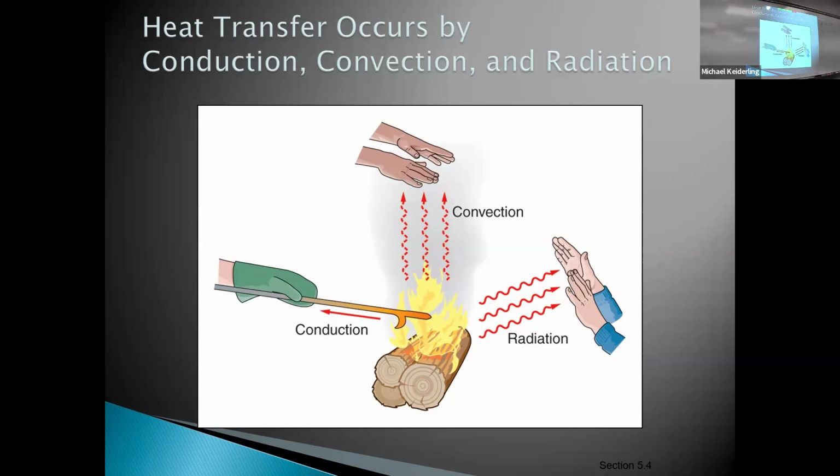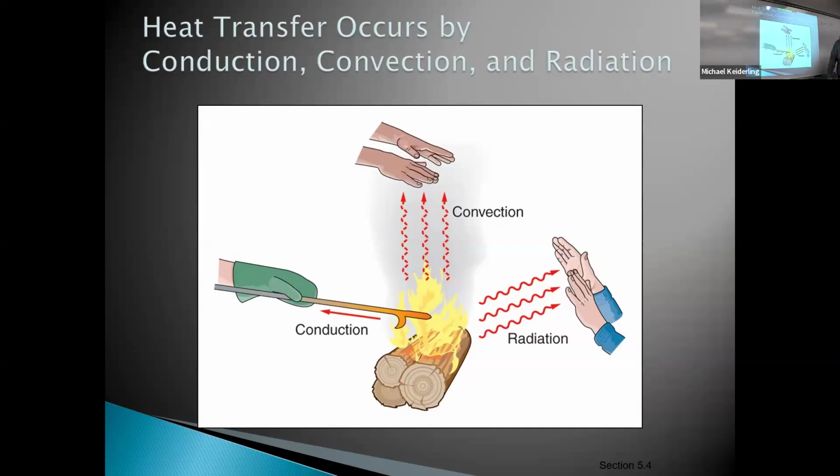As the beaker gets hot, the water gets hot, just through direct contact. That's conduction. It's also how heat is being transferred from, say, this wire mesh to the beaker. So conduction is just hot thing touches not hot thing, heat flows from one to the other.